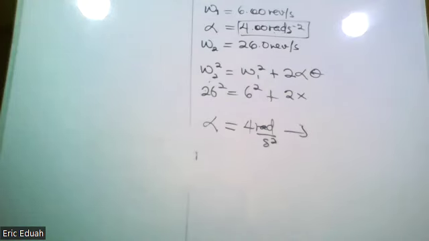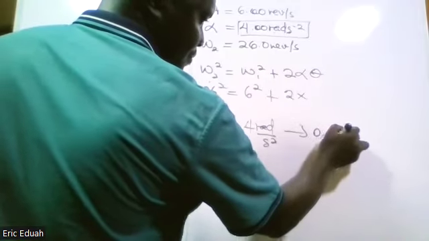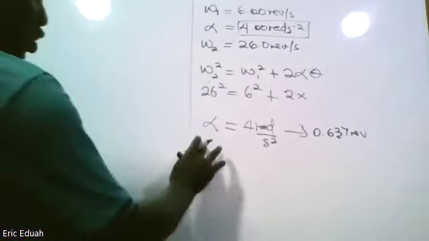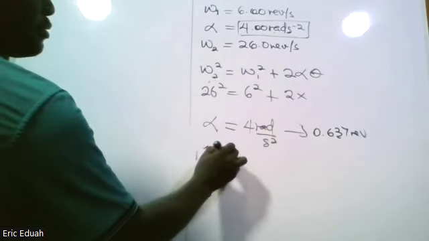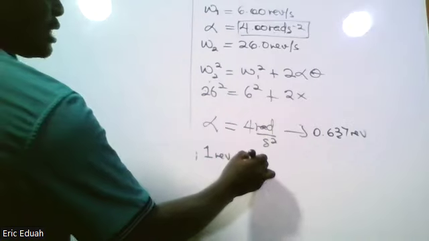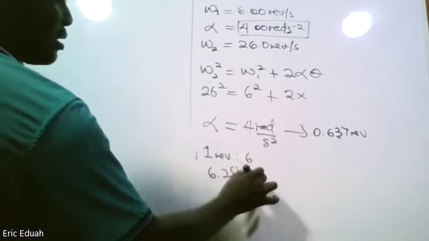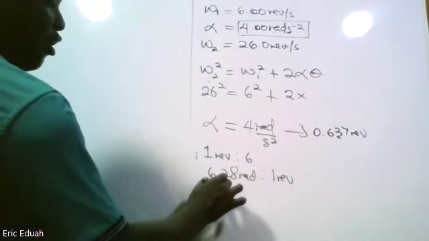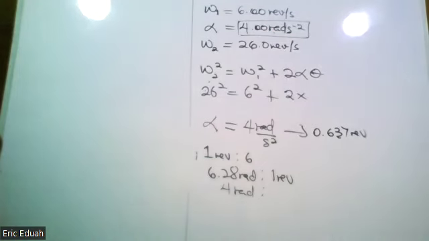Sir, please, you get 0.637 revolution. Let's confirm. If 6.28 radian is to 1 rev, we have 4 radian. Will it be more or less?